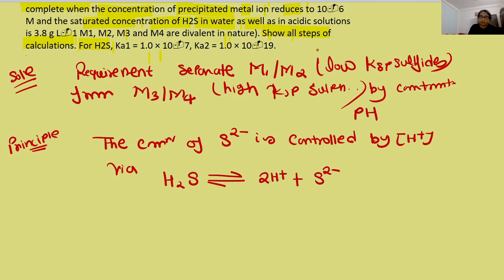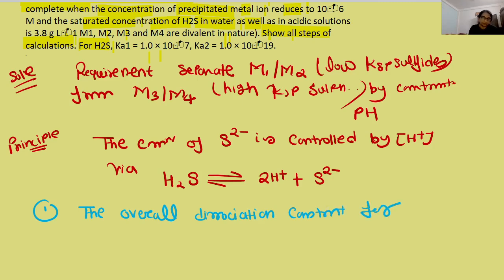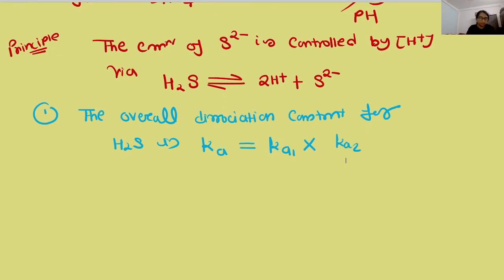Now start the proper calculation. Step number one: the overall dissociation constant for H2S is Ka equal to Ka1 multiplied by Ka2.